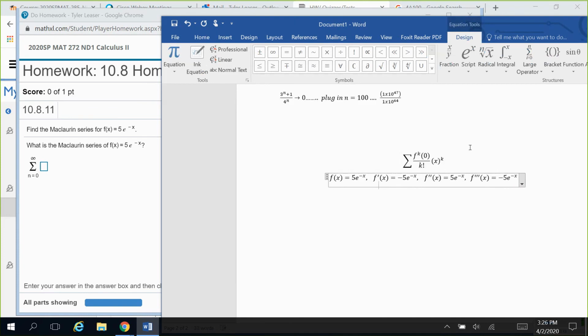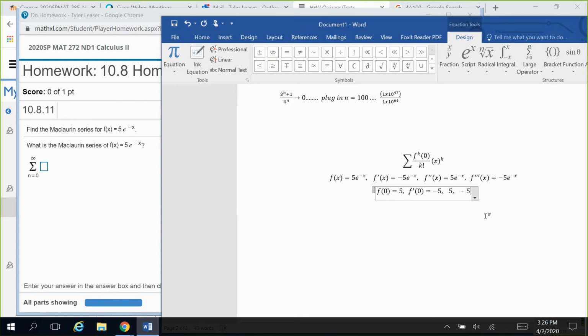Now, remember, we don't really care about the derivatives necessarily. We care about what happens when we plug in our value. Here we're plugging in 0. So if I plug 0 into just the function itself, it's going to be 5e to the 0, which is just 5. Into the first derivative, we're going to get the coefficient out in front, negative 5, and then positive 5, negative 5.